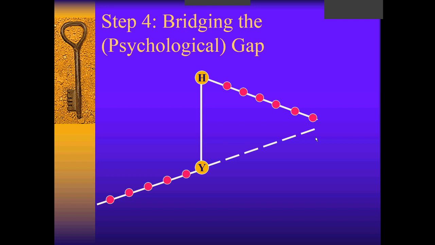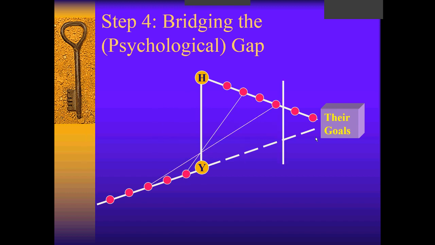Every decision requires a risk. And so the concept here is how do we reduce the risk as you move toward the objective of their goals? What happens in the interviewing process is that as you connect your stories to their expectations, you're slowly but surely moving the line, if you will, closer and closer to their goals.